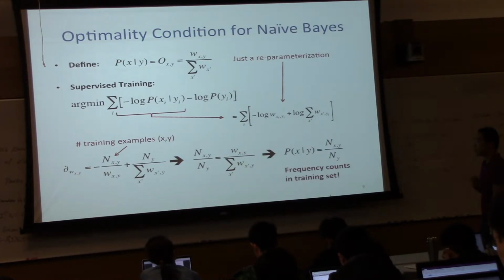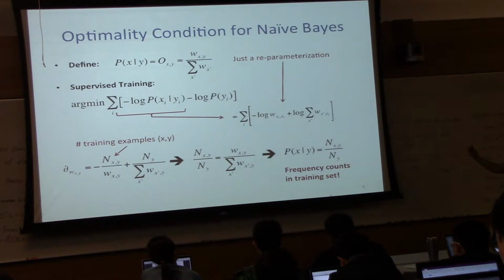What does that mean? Well, keep in mind that this is the probability, right? It's just a reparameterization, so this is the probability. So we get that at optimality, we want to match what our model said. So our model says that the probability of x given y is equal to some parameter.